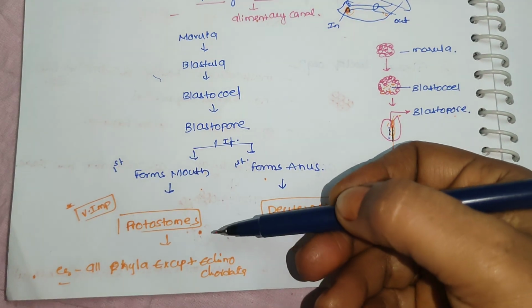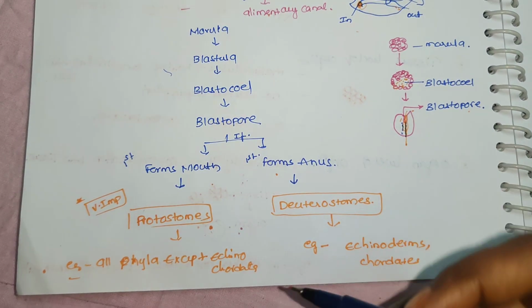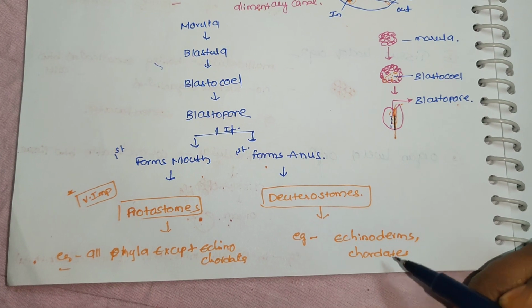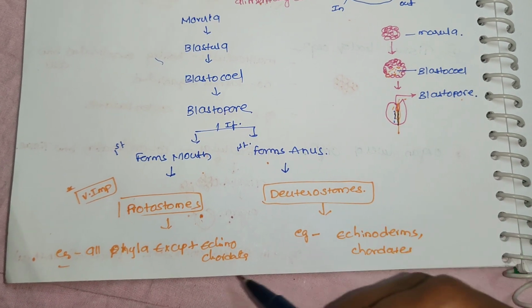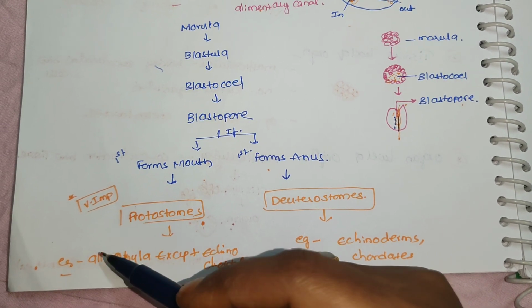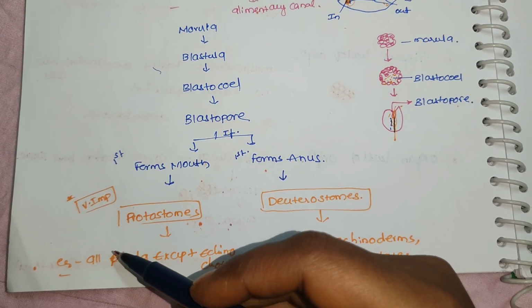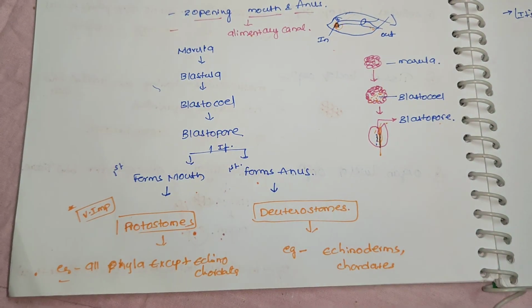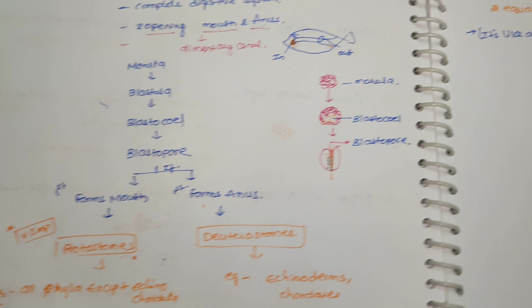Echinodermata and chordata are examples of deuterostomes. Examples of protostomes are annelid, arthropod, mollusk and platyhelminthes also. The examples are very important, and what is protostome and deuterostome is also important for IPE 2 marks.